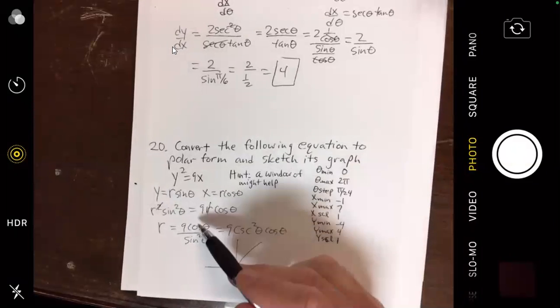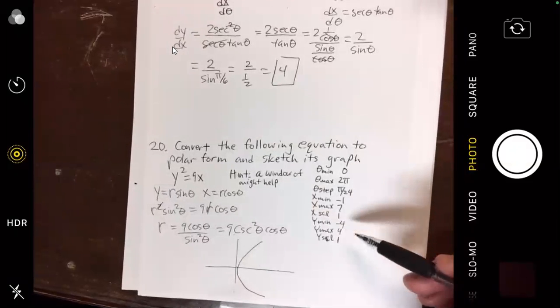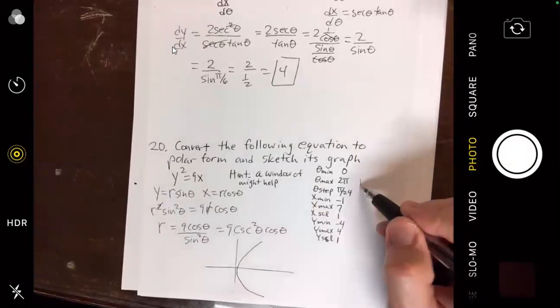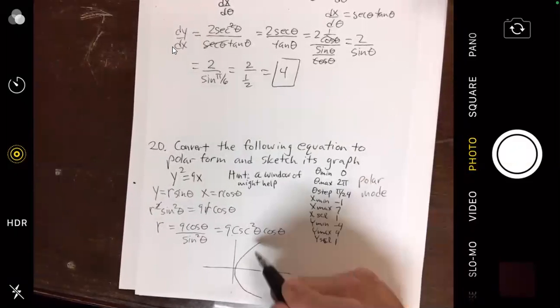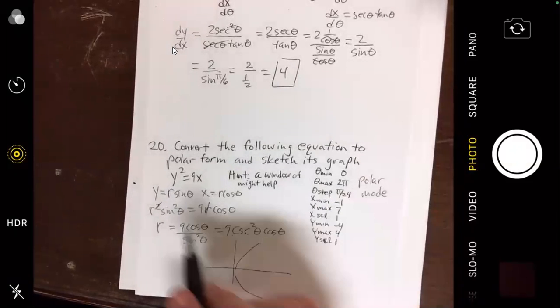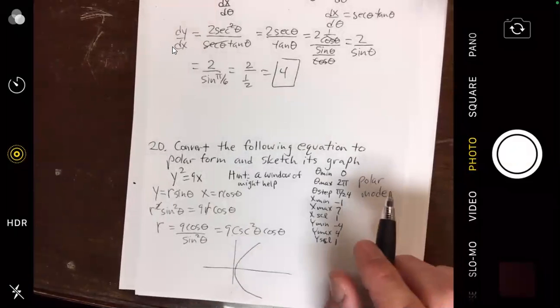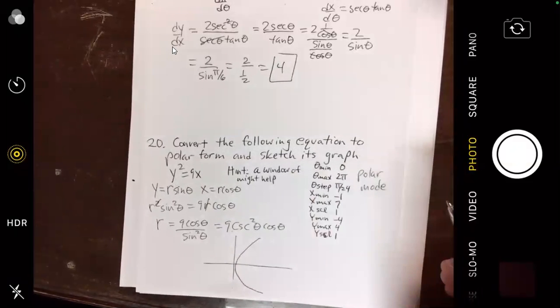Flip it up, or you can leave it like this. And then I entered that in a window, and you're going to be in polar mode. And it gave a graph like this. You might recognize it, a sideways parabola. Not a function, does not pass the vertical line test.